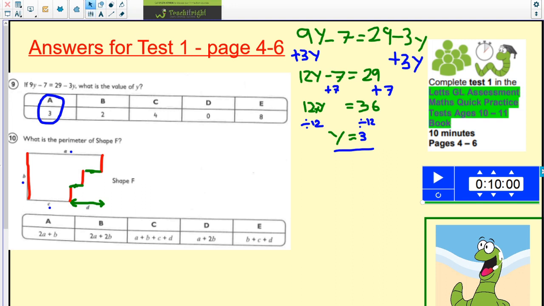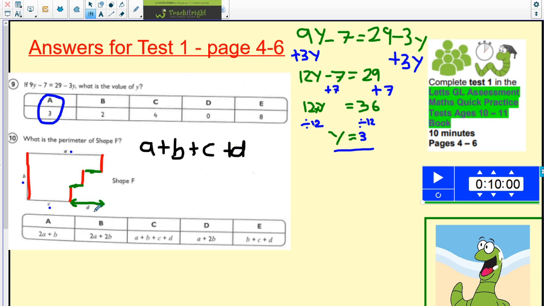So if I now go through and write it out, I'll do it in black so it doesn't look different, and add up my sides, I've got all of this stretch, which is A, plus all of this, which is B, plus all of this at the bottom, which is C, plus this bit here, which is D, because I'm doing that bit and that, I'm just doing it in 2 bits.